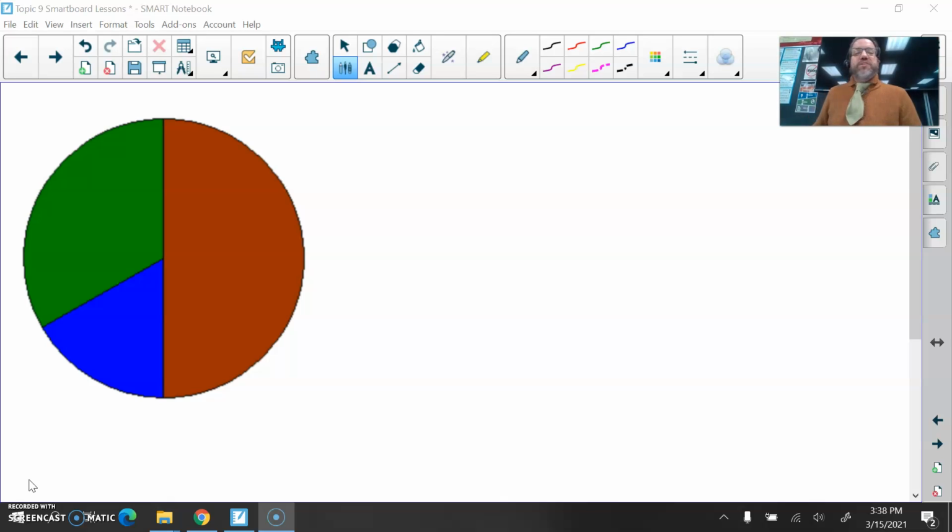We could actually find these percents if we were to use a protractor and measure all of these angles inside here, but we don't need to do that. But one of the things that we do need to know as sixth graders is how to approximate or estimate what those different values would be.